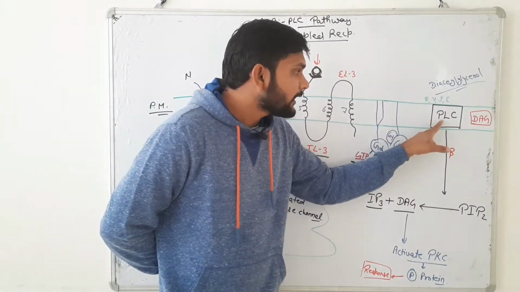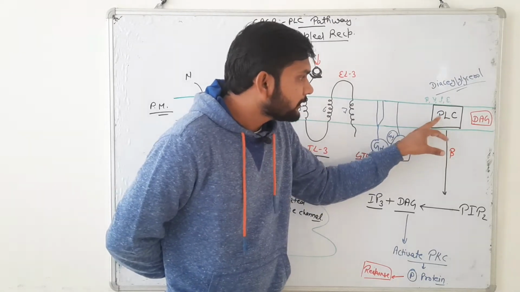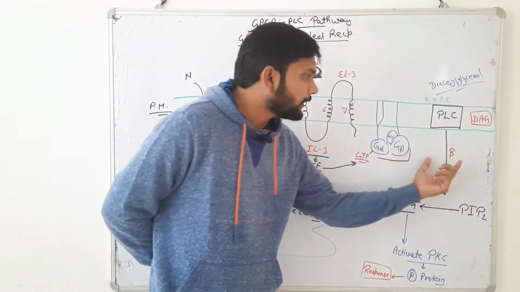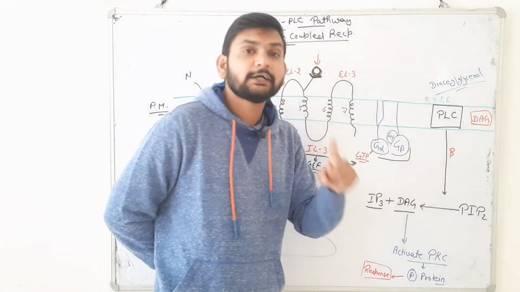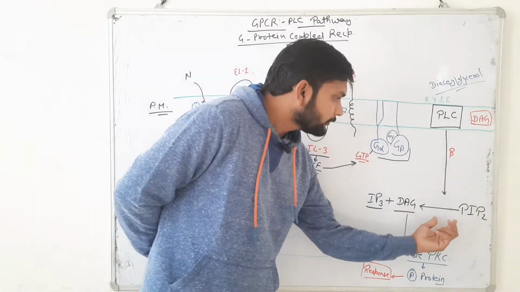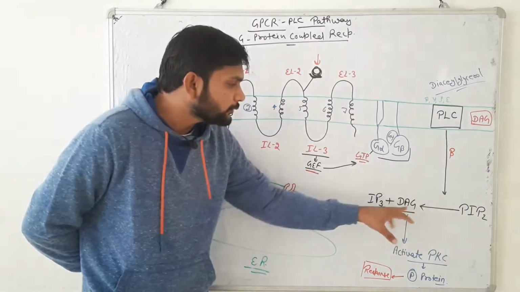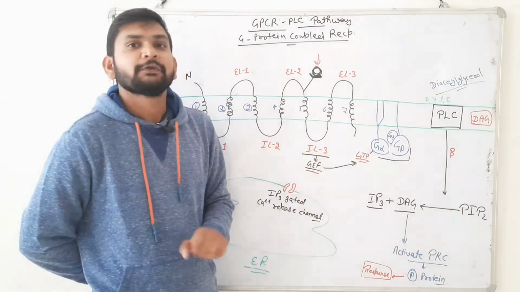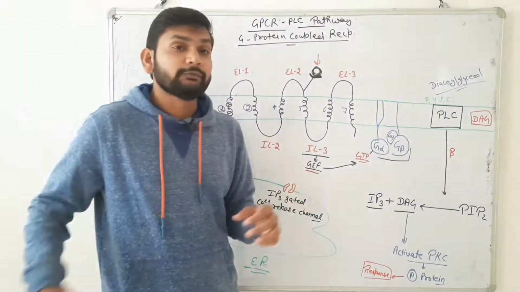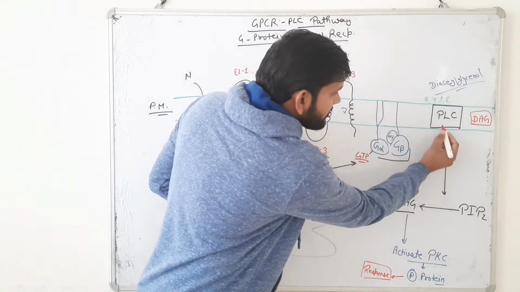The PLC beta class of PLC converts PIP2 into DAG and IP3. It is a very important step of this pathway. Okay, so this is the PLC.